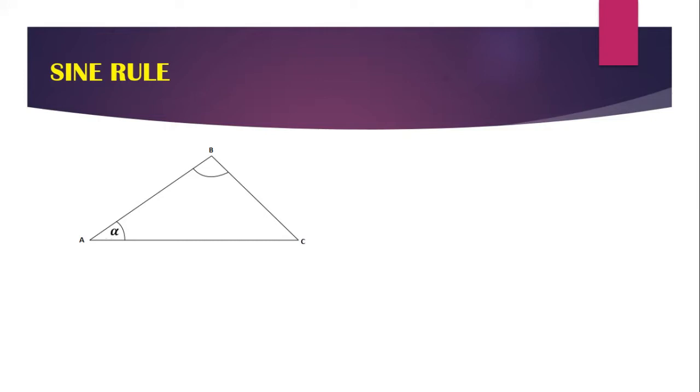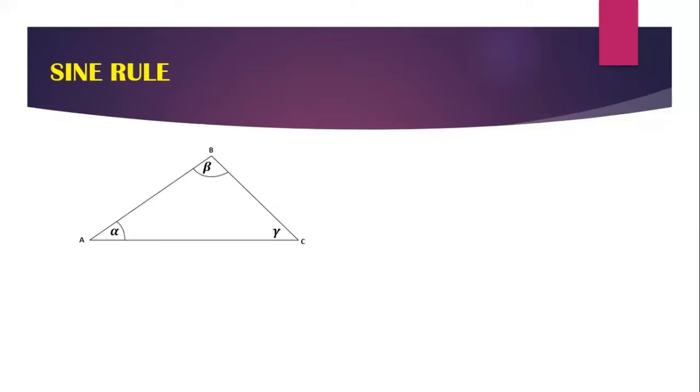For the sine rule, we can define it as below. Students, for the scalene triangle, there are three sides: AB, BC, and AC.